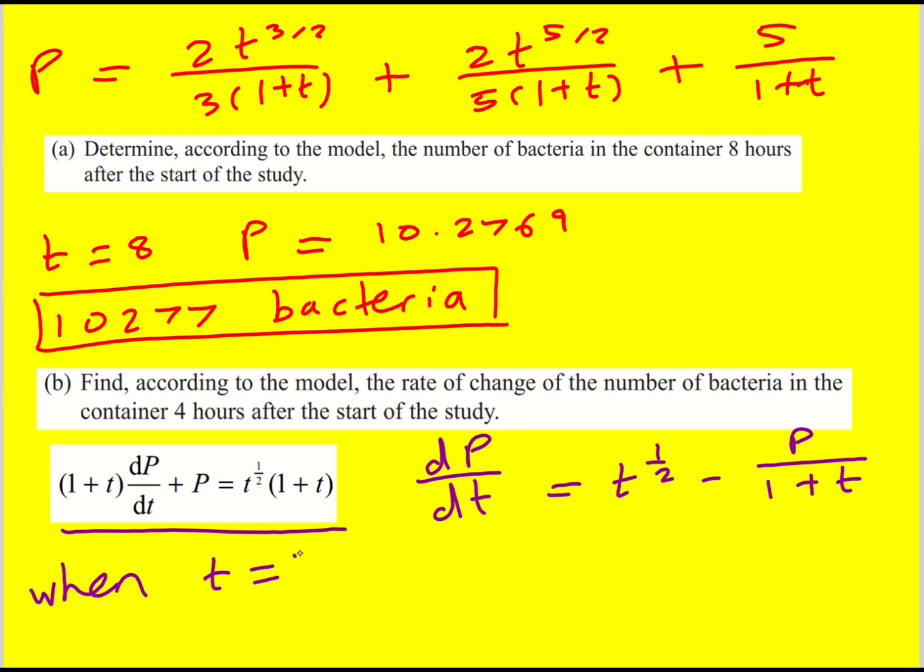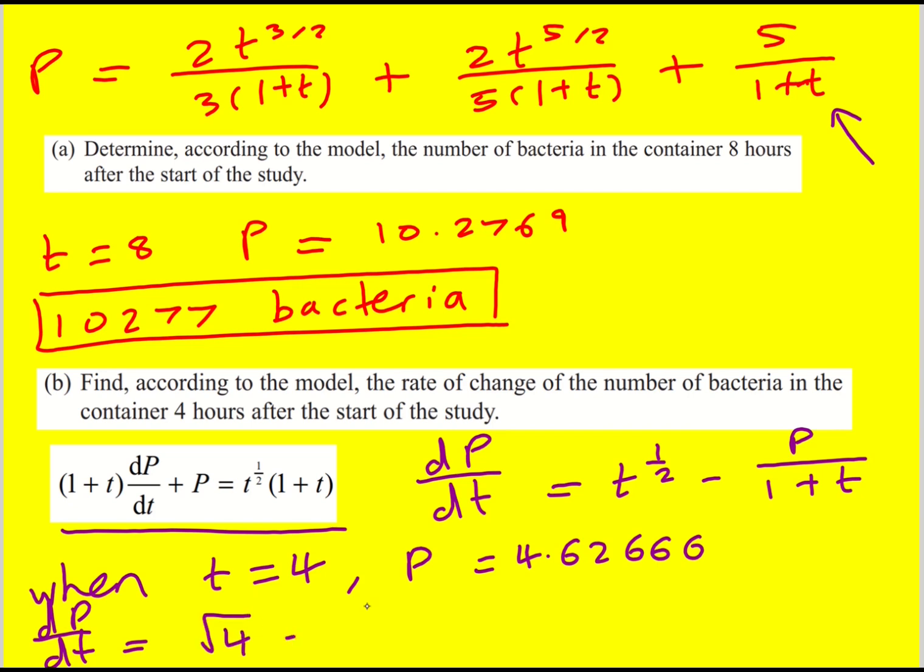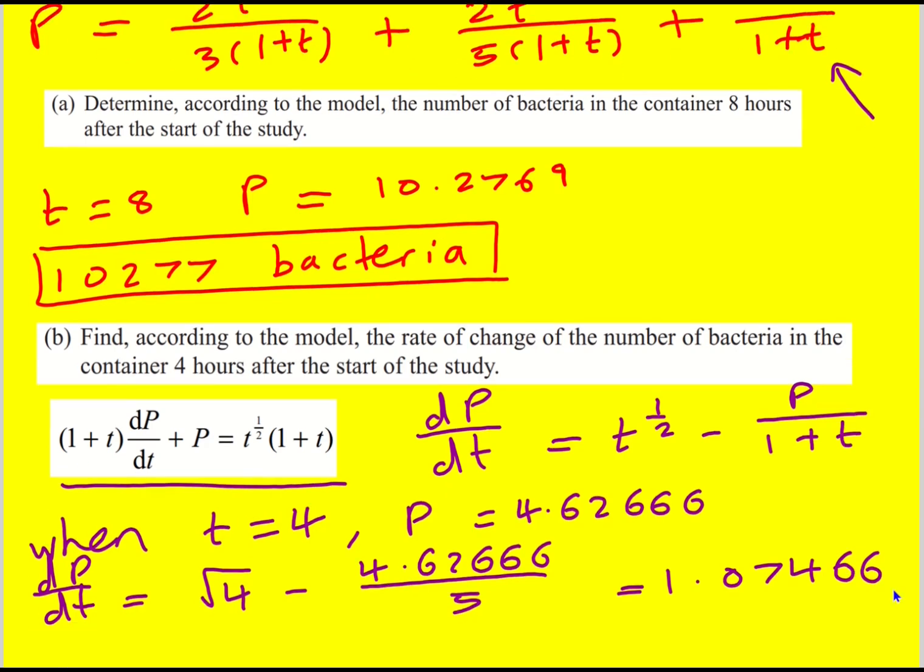So when t is equal to 4, then you just sub it into this one, just like you did with 8. P ends up being 4.62666. And then dP by dt will equal the square root of 4 minus that 4.62666 divided by 5, and that ends up being 1.07466.